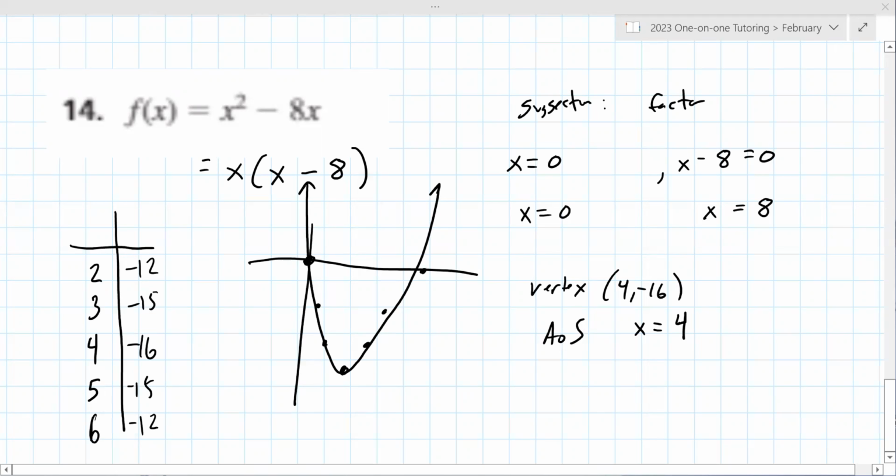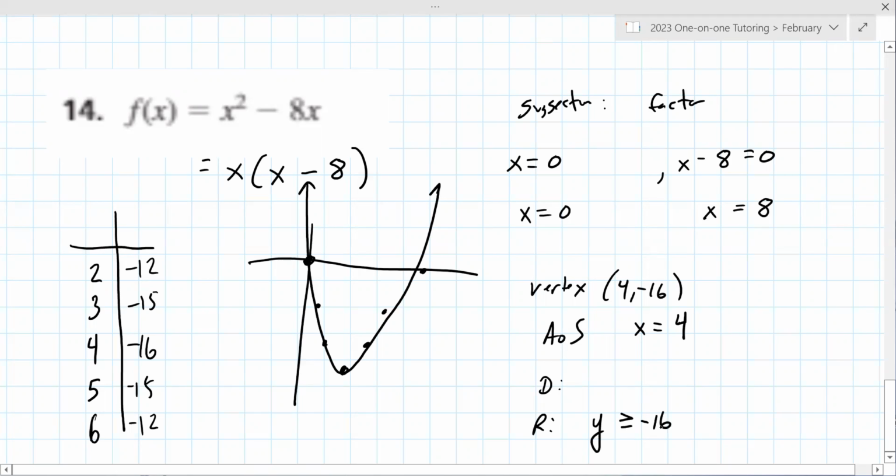So then the vertex equals 4, negative 16. Okay, domain is all real numbers. What about the range? The range is y is greater than or equal to negative 16. Good.